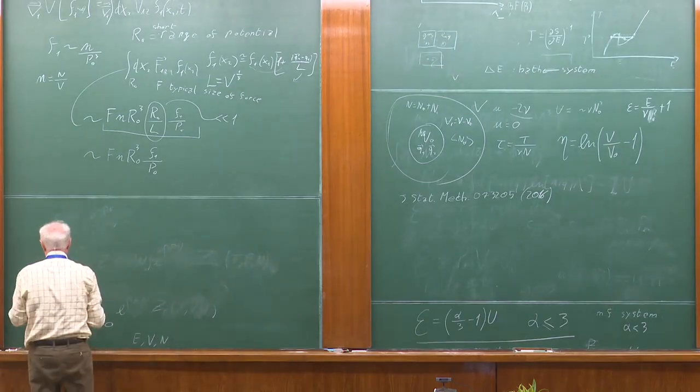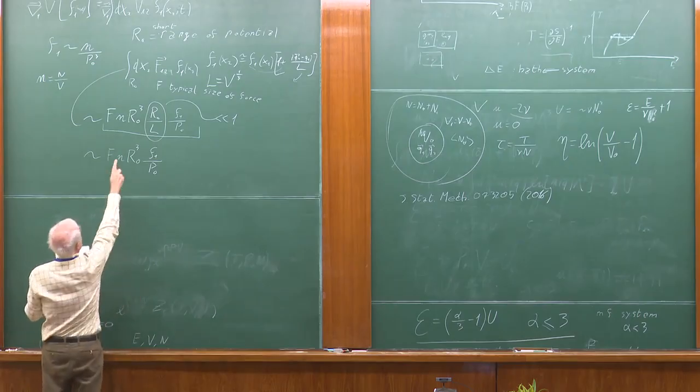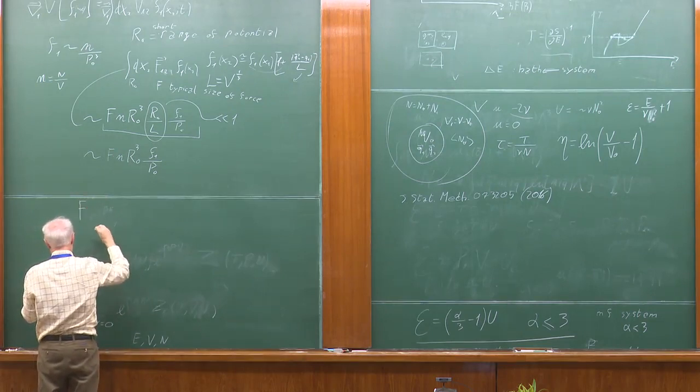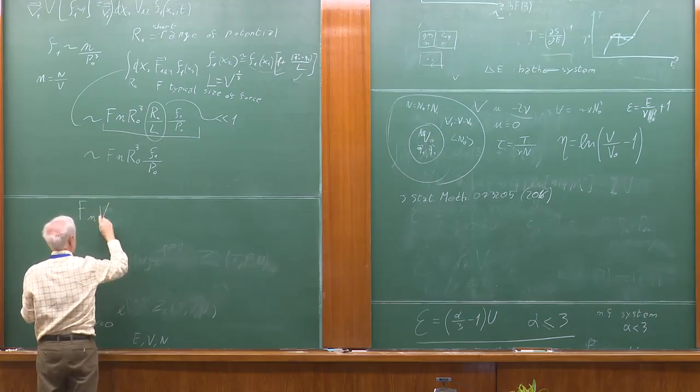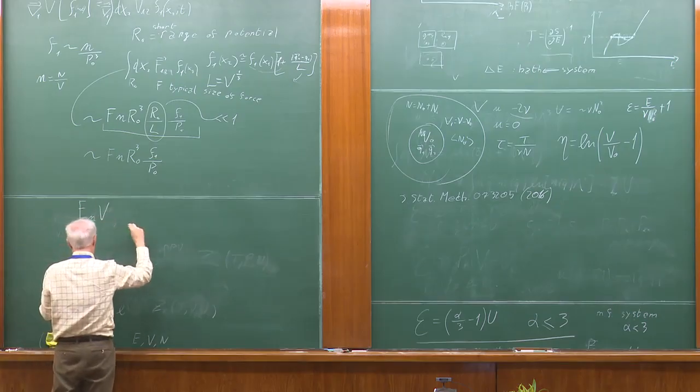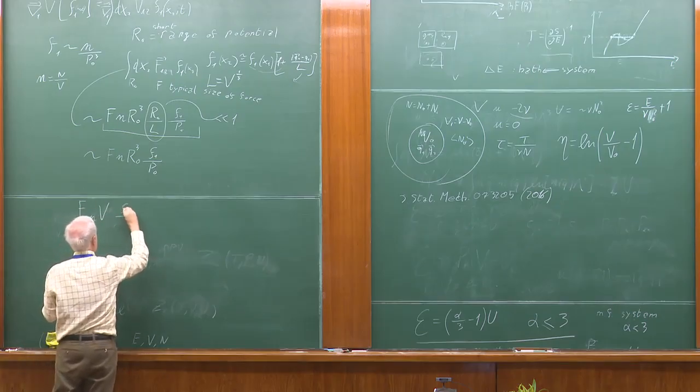What you would get is that instead of that expression, you get something with F n V, the total volume, now instead of r0 cubed, times again F1 over p naught.